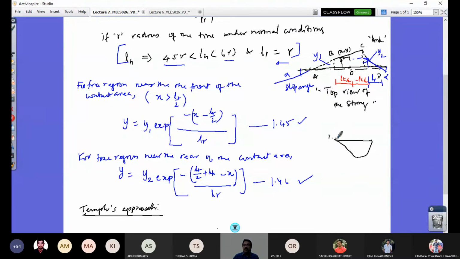So this is BC. Here this is skewed, I have my point O corresponding to this, but it is skewed, so I will have my resultant Fy coming here. This is my Fy. So this is the force exerted by the tire, and you see the variation would be varying like this, right? And what is this distance supposed to be? We have already looked at that, it is the pneumatic trail TP. So this is the approach proposed by Temple.